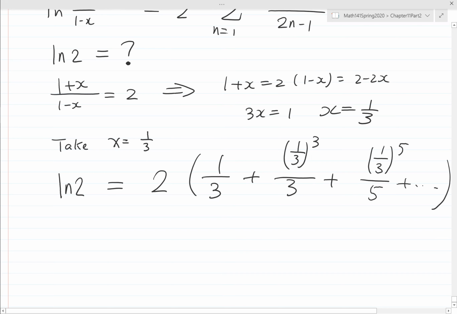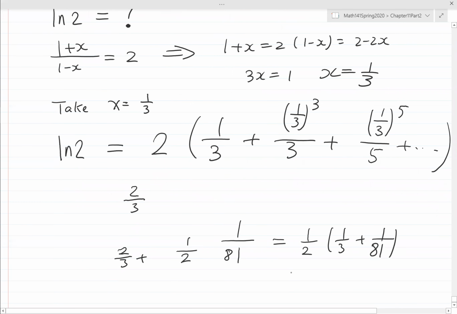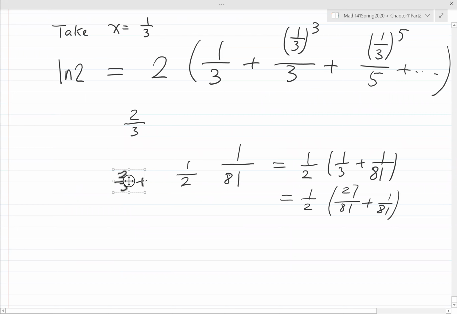Now you can compute the approximation and see how good this is. The first term gives us 2/3. The next term gives us 2/3 plus 2 times 1/81. Sorry, it's 2 here.